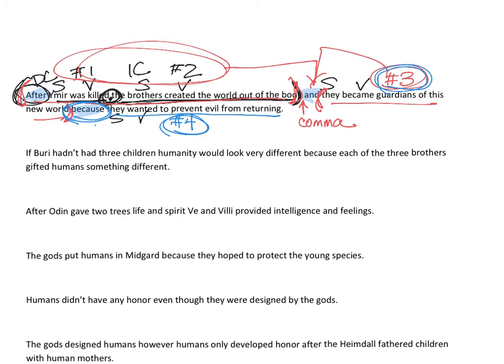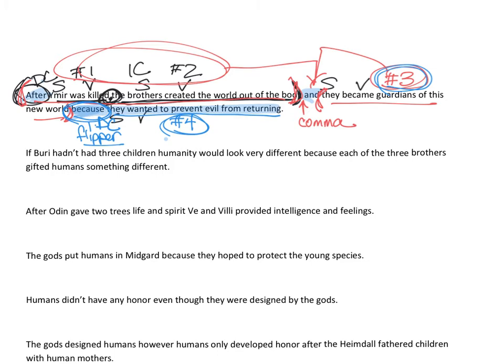Yes. Because is a flipper word. Because this flips, that tells you it's a dependent clause. Everything that comes after it is dependent. So this is my dependent or subordinating word, which means all of this is dependent.